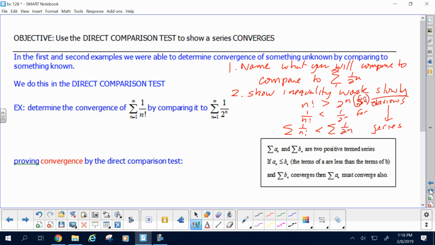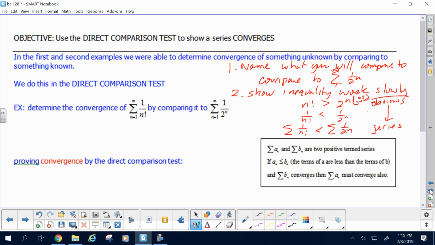But typically you would say, as n goes to infinity, n factorial is greater. But you're right. For n greater than or equal to 4, the factorial is greater. I like it.